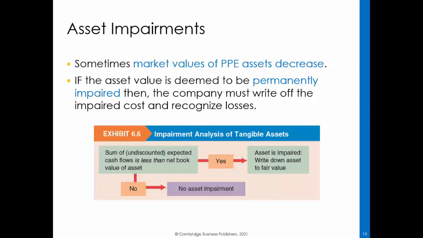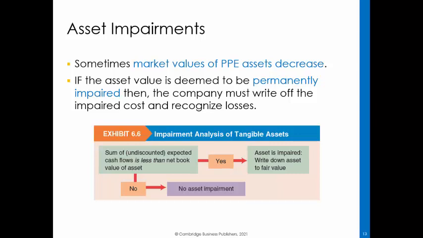This is the case even if the market values of these assets increase subsequent to acquisition. As a result, there can be unrecognized gains hidden within the balance sheet. On the other hand, if market values of property, plant, and equipment assets subsequently decrease and the asset value is deemed to be permanently impaired, then companies must write off the impaired cost and recognize losses on these assets.